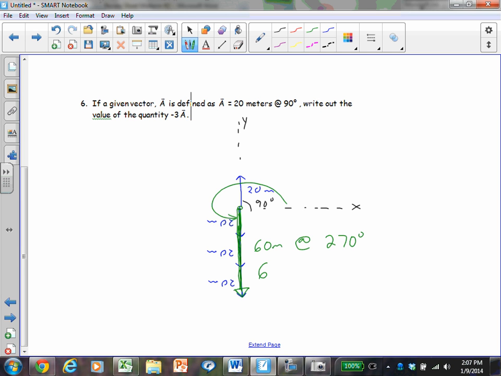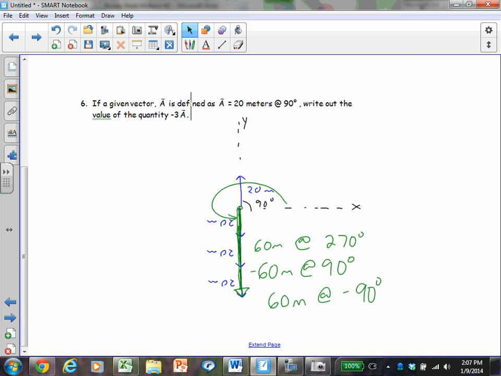We could do negative 60 meters at 90 degrees, and then the one that Michael was getting at was 60 meters at minus 90 degrees. We're not using north-south in this problem, but minus 90 would say down. But you don't want minus 60 at minus 90, because that would be going up that way. All right.